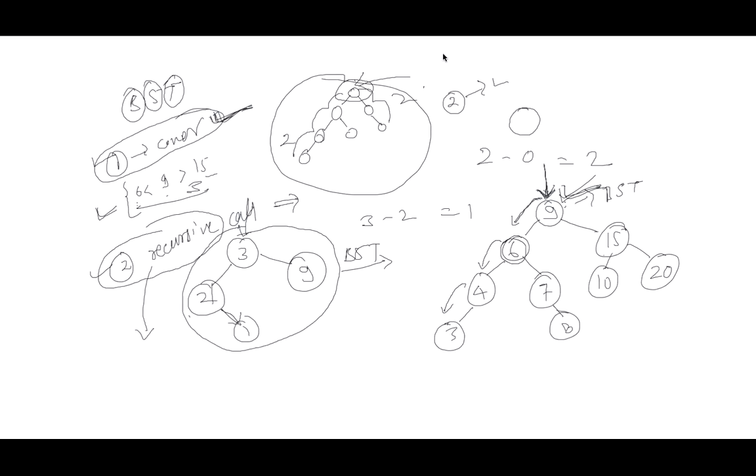So here I just want to know what you are going to write here. That is the problem. Let's say I am calling this f of root. Okay. So here you are saying f of root dot left, right? Yeah, that's correct. Okay, so this will solve for the left.